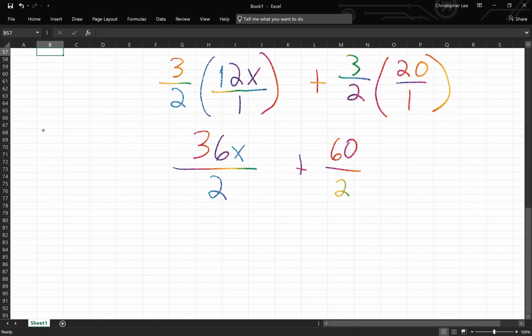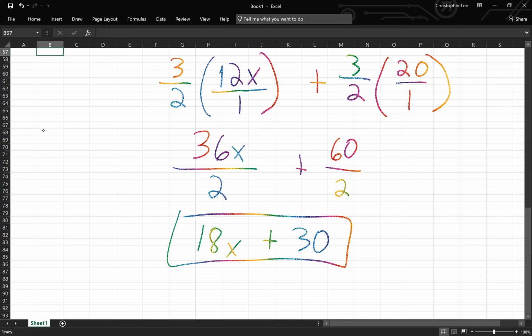And then we could divide the 2 individually. 36 divided by 2 is 18, and then 60 divided by 2 is just 30. So this would be my final answer.